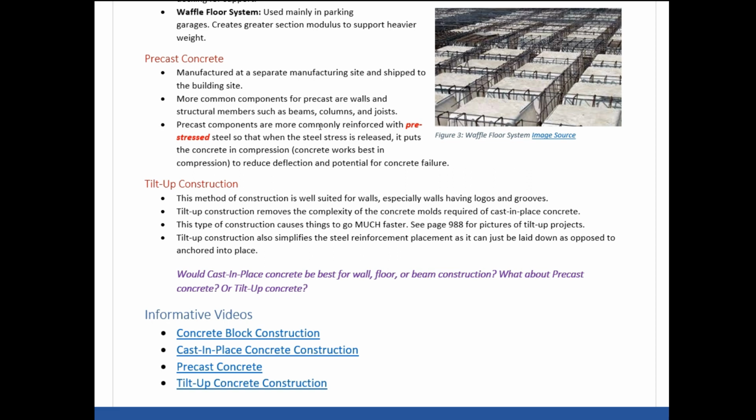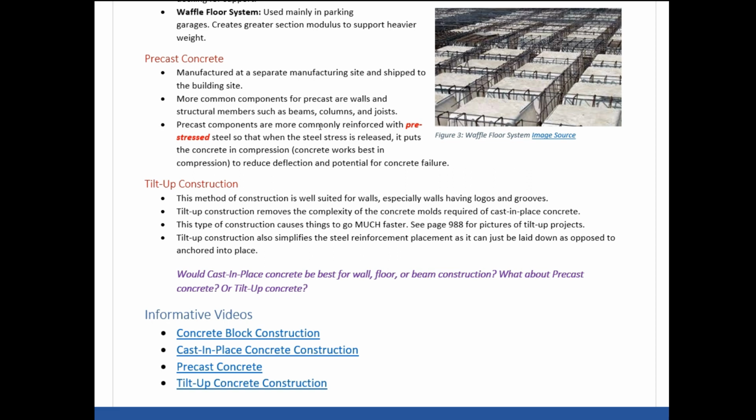You pour the concrete in, and then when the concrete has cured, when the concrete is set, you let the tension go on the reinforcing steel, and then that puts the concrete in compression. And as we know, concrete works best in compression.